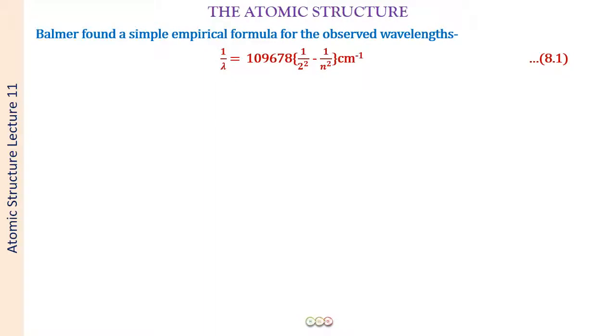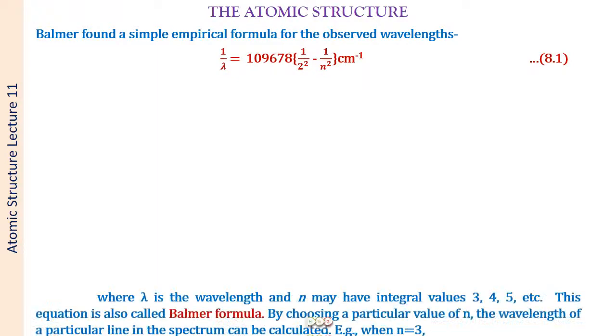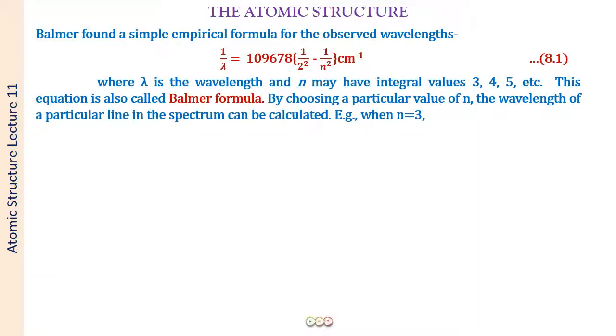The relationship he found was that the wave number, which is equal to 1 by lambda, is equal to 109678 into 1 by 2 square minus 1 by n square centimeter inverse, where lambda is the wavelength and n may have integral values 3, 4, 5, etc. This equation is also called the Balmer formula.